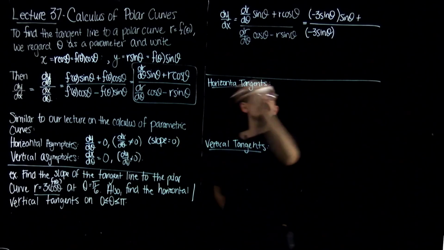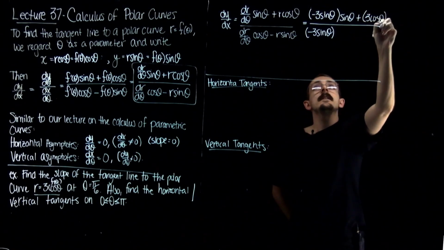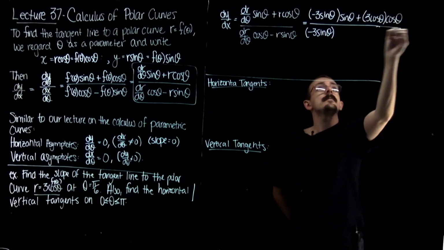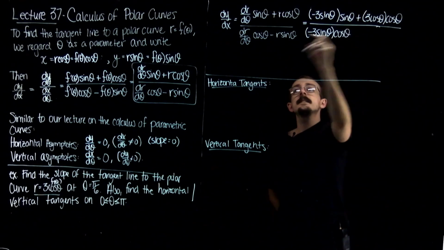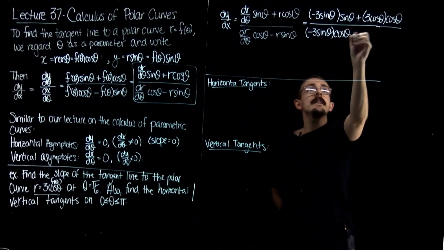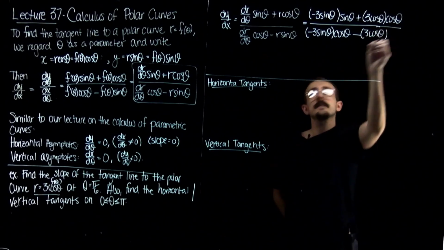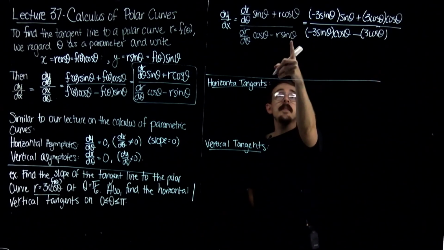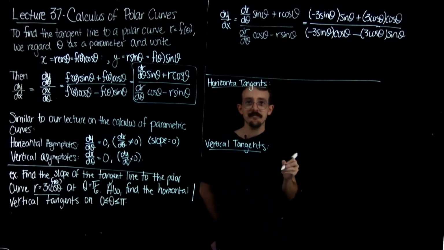So r is 3 cosine theta, that's given. So this is 3 cosine theta times cosine theta. Here I have cosine theta, that's next to this dr d theta, minus r, which is 3 cosine theta, because that's what's given over there. And then I will multiply that by sine theta.